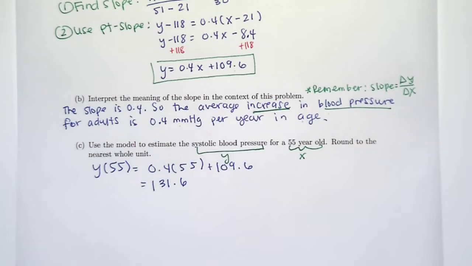So I want us to get in the practice of not just writing numbers as our answer, but actually saying what the numbers mean and giving us context. So I can read this answer and know exactly what we're talking about. All right.